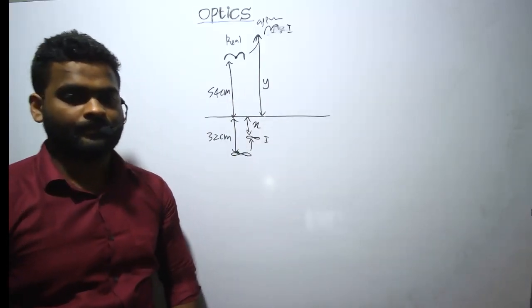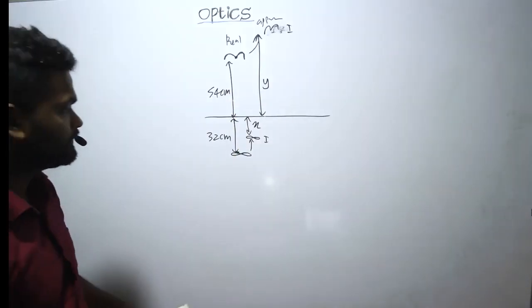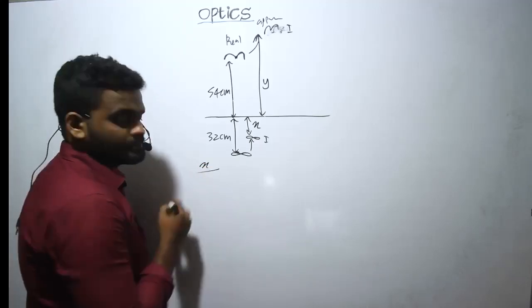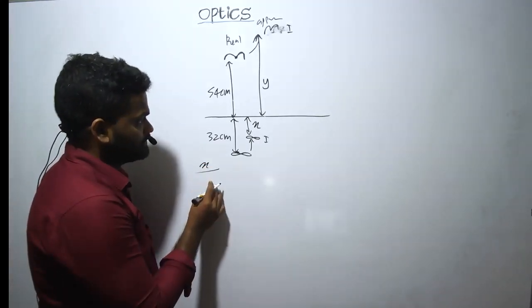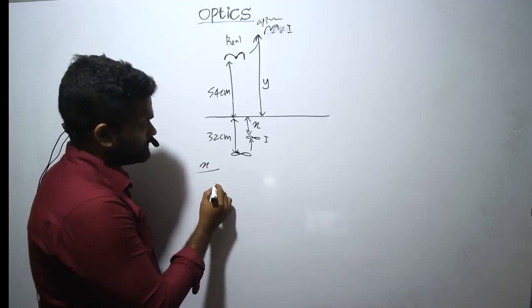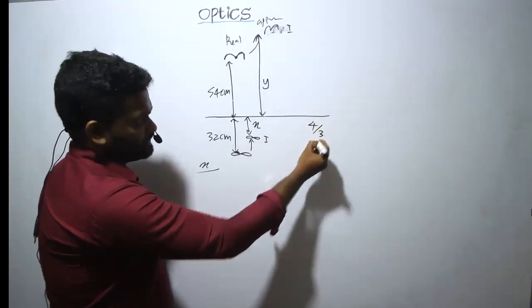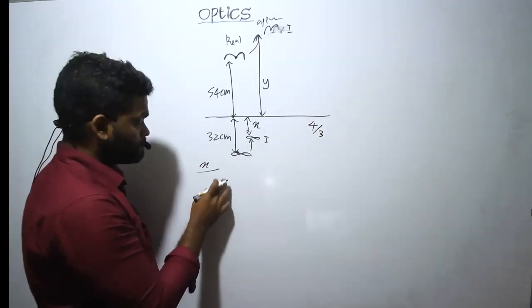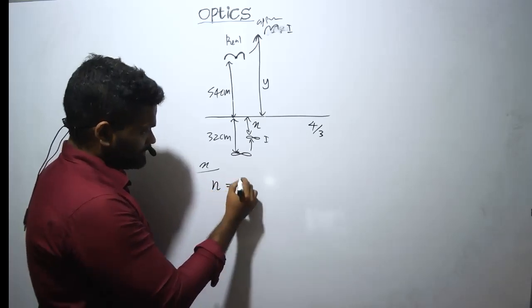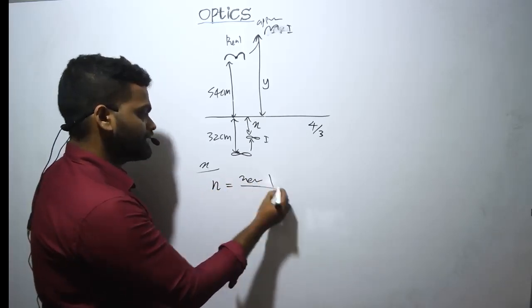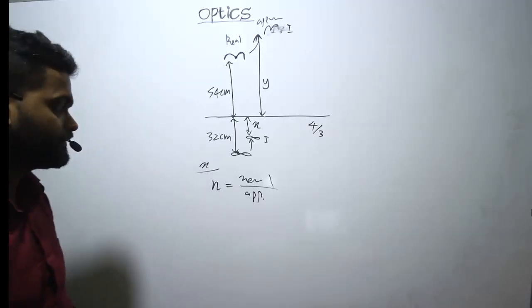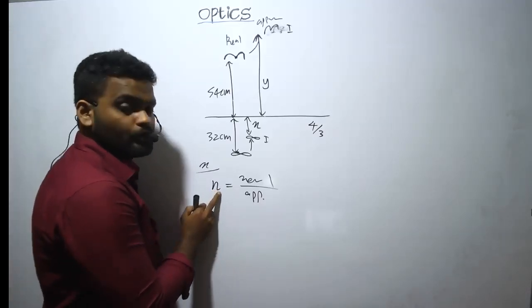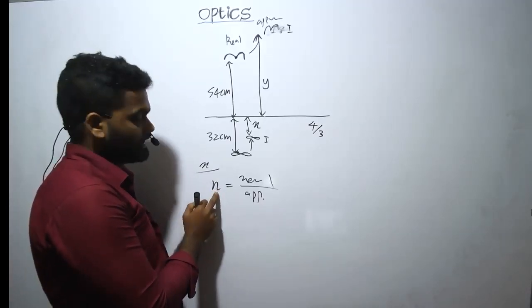Let's find x first. So what's the equation? This is water, 4/3. This is the equation: real divided by apparent depth. How do we write the refractive index?